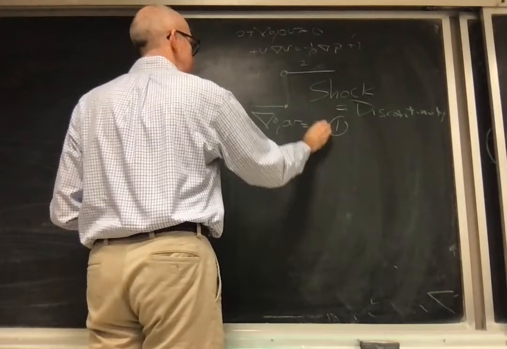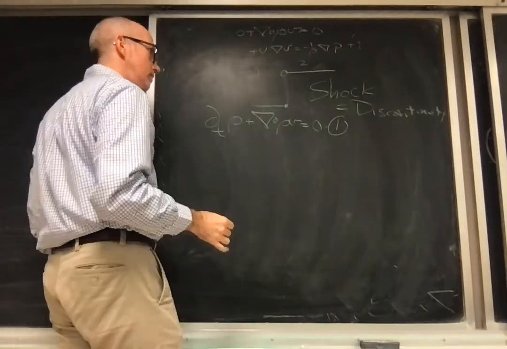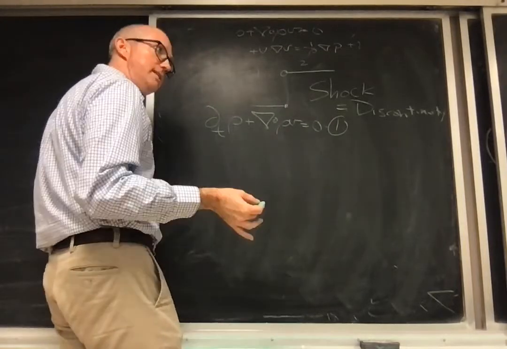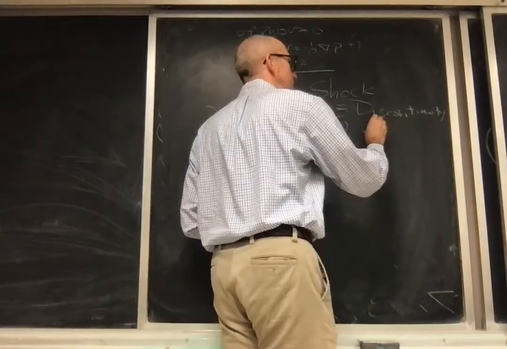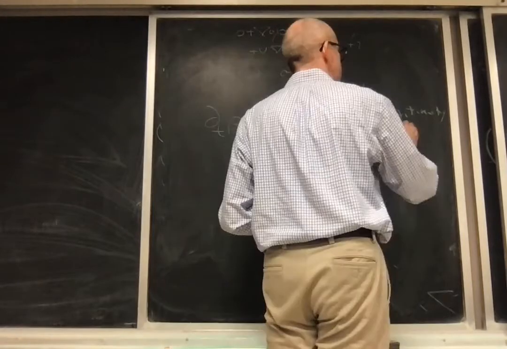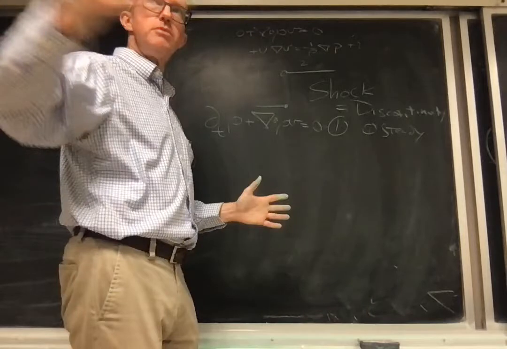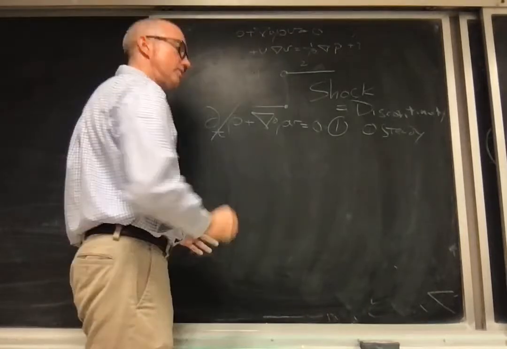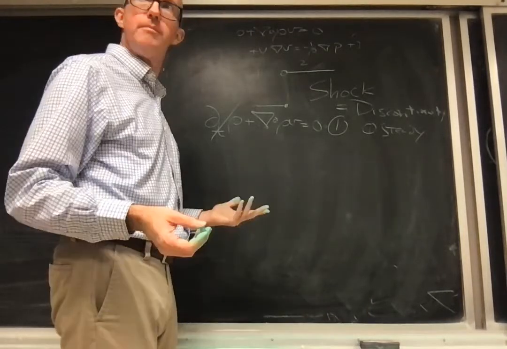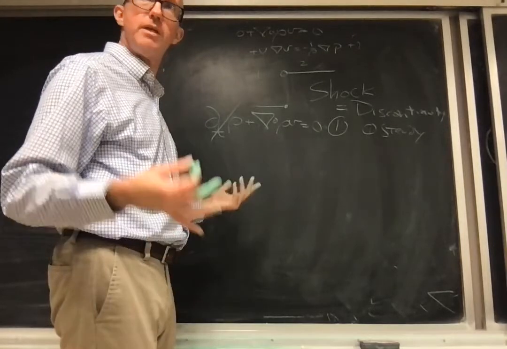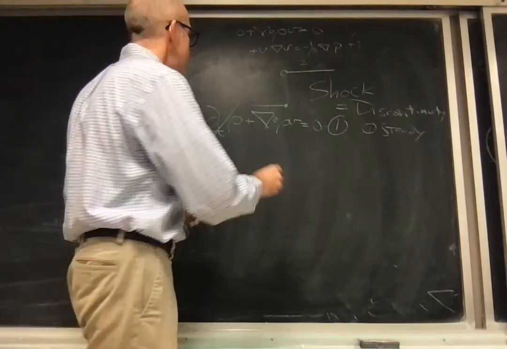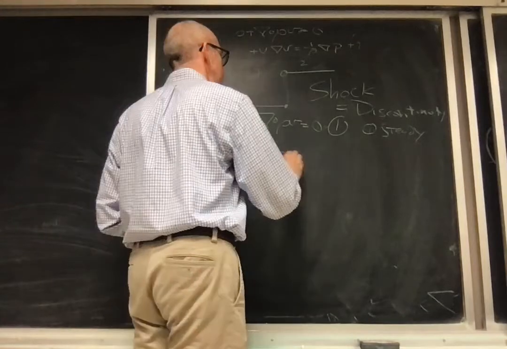d rho dt plus grad rho v equals 0. So we'll assume that we're in steady state, that means that my shock is just moving. That means that the partial with time is 0 because it's not evolving with time. So I'm just left with grad rho v equals 0.